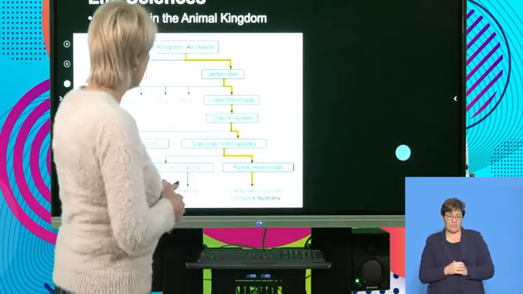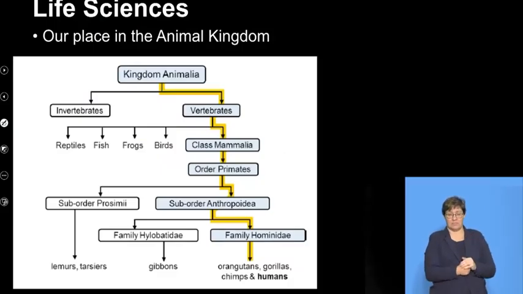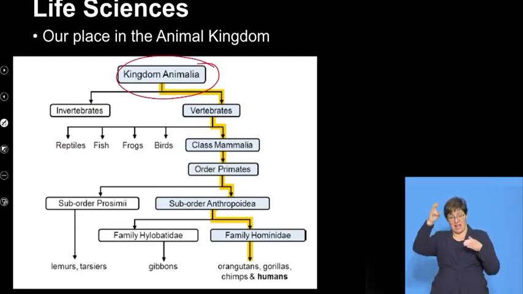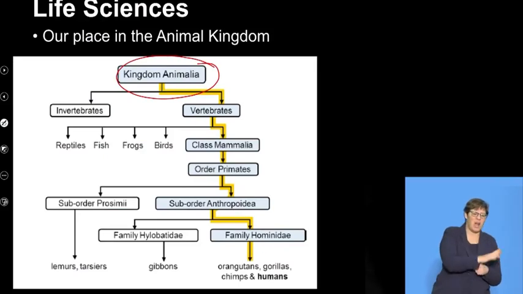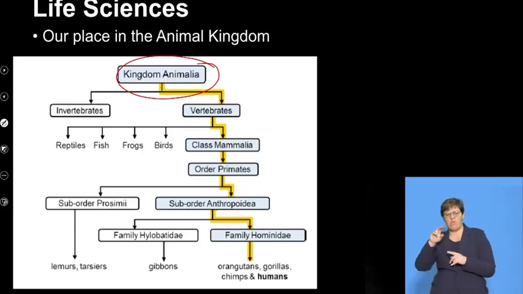All right, so let's have a look at this diagram here. We have the animal kingdom as opposed to the plant kingdom or fungi or Monera or Protista. We're going to look specifically at animals. And here's where we trace our lineage, where humans are.